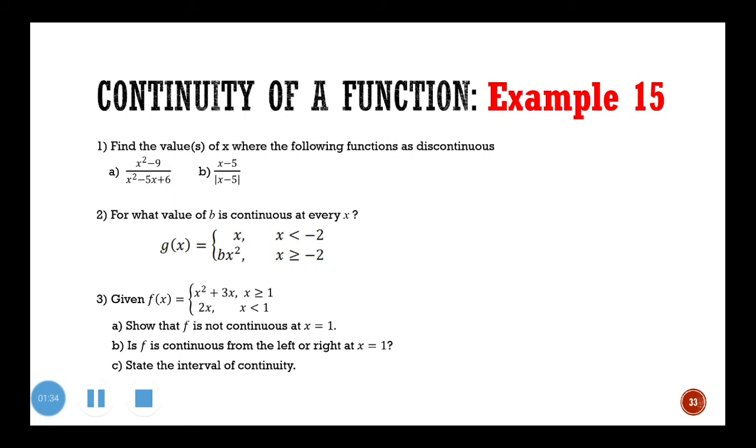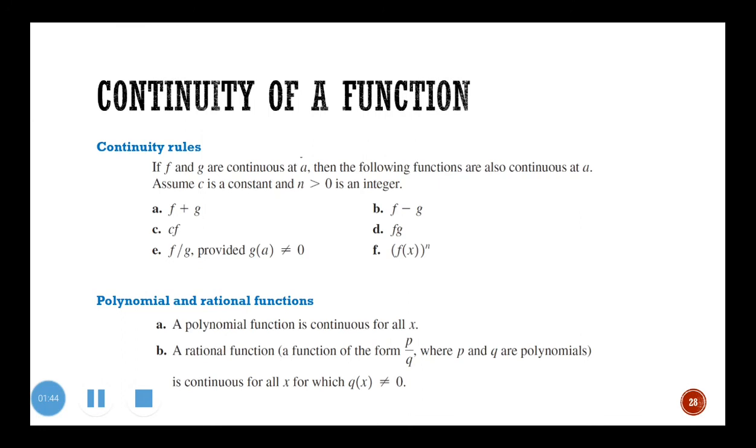If you remember the properties of continuity that we went through before, polynomial and rational function. Just to recap, a rational function, a function of the form p over q, where p and q are polynomials, is continuous for all x for which q(x) does not equal 0. So a very simple example.